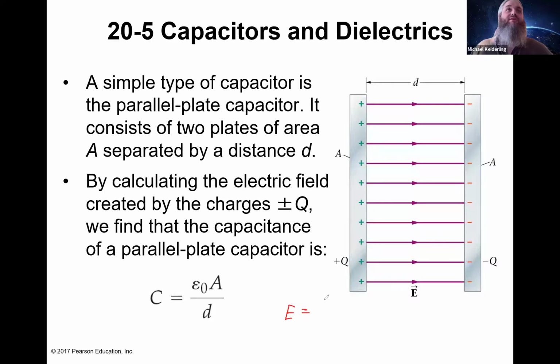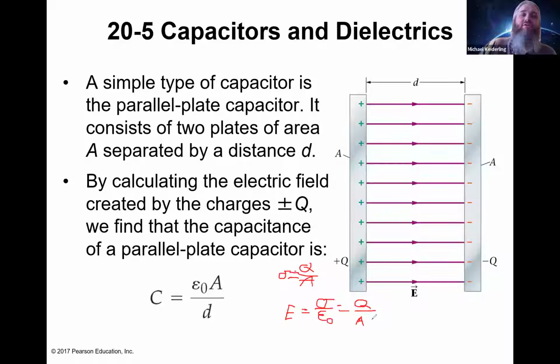The electric field is going to be sigma, the charge density, over epsilon naught. Charge density is Q over area, so sigma is just going to be charge over area.